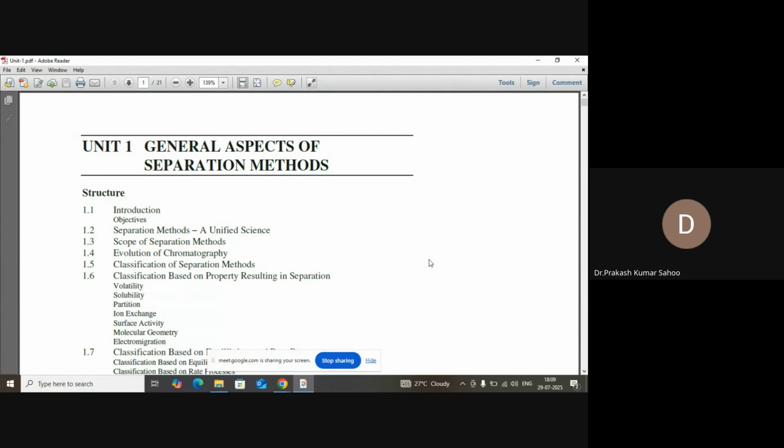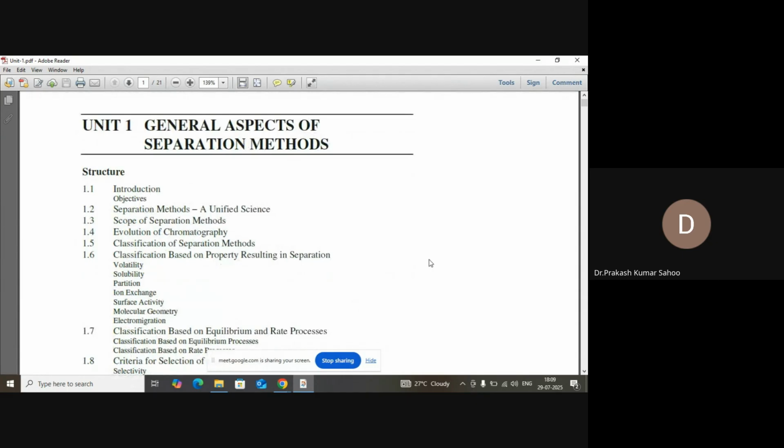So why separation is required, what is the aim of separation methods, and what are the different advantages of separating the impurities or the undesired part from a mixture or a solution.